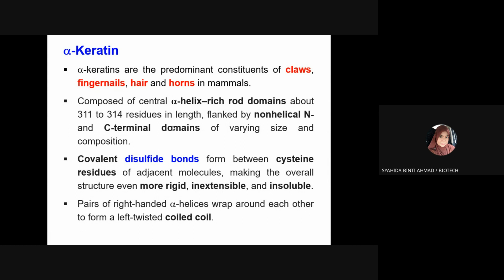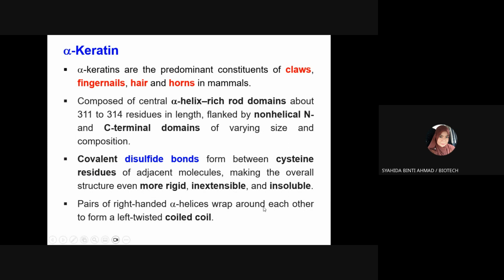So you can see just now, it only has two, one N terminal and one C terminal domain. Mostly they are linked together through disulfide bonds that make up the folding. So this alpha keratin is more rigid, inextensible and insoluble.